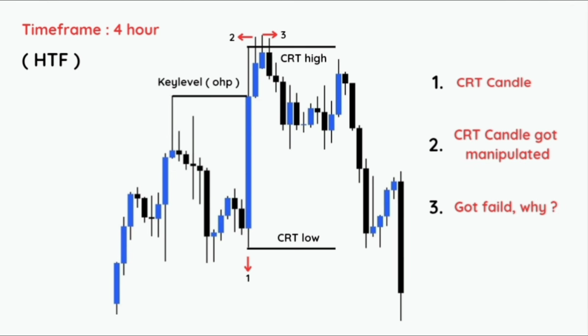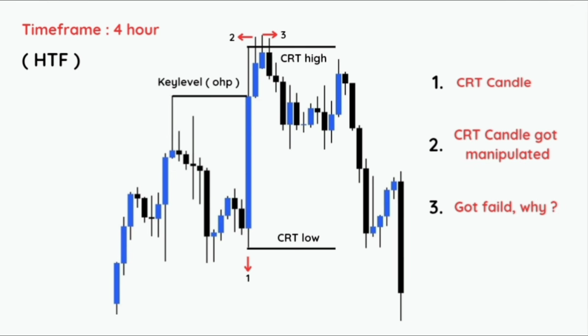Remember one thing, don't look for turtle body soup, which means TBS, and turtle wick soup, which means TWS, on the higher time frame where you are gonna choose your CRT candle and the key level.